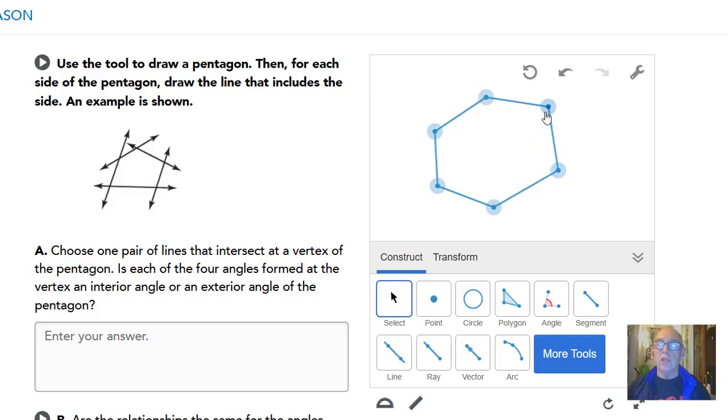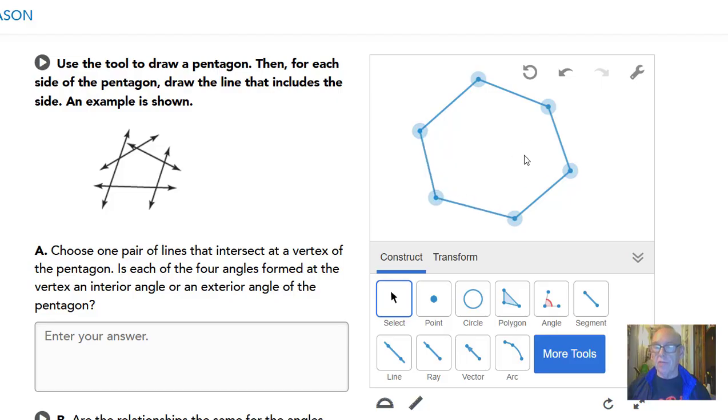I can stretch it out and make it look more like what you might be used to seeing in terms of a hexagon. Again, this is a convex hexagon. If I was to do this, it would still be a hexagon because it has 6 sides, but this would be what we would call a concave hexagon. And notice here, you've got an interior angle that's bigger than 180 degrees.